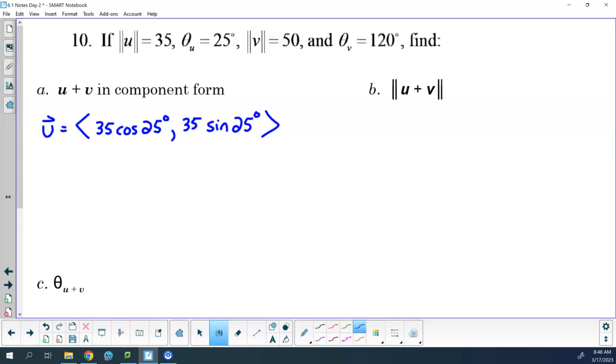It might be helpful for you to have a scientific calculator where you can do angles and sines and cosines, and inverse tangents and all that fun stuff. 35 cosine 25 gets me, we'll call it 31.72.